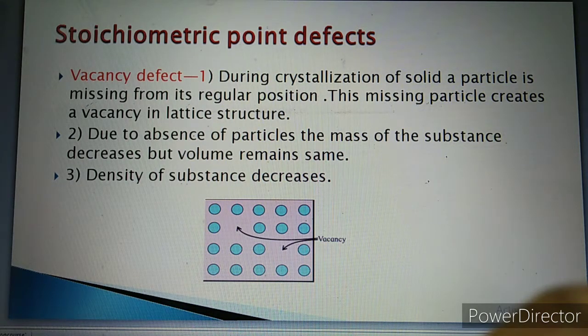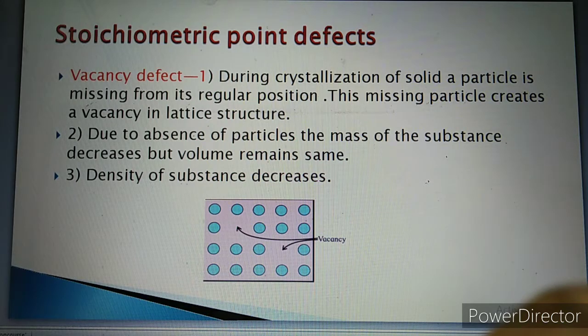These are the points related to vacancy defect. See, the diagram is also given. In the figure, there is a regular arrangement of particles indicated by spheres, and in between there is a vacancy in the regular position. This defect is called a vacancy defect, and it comes under stoichiometric point defect.